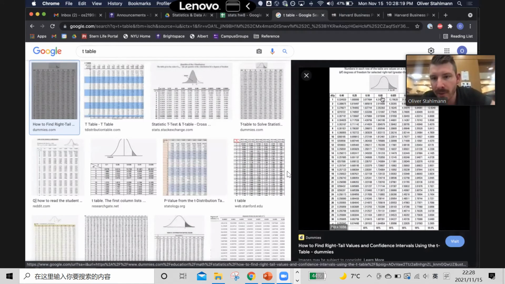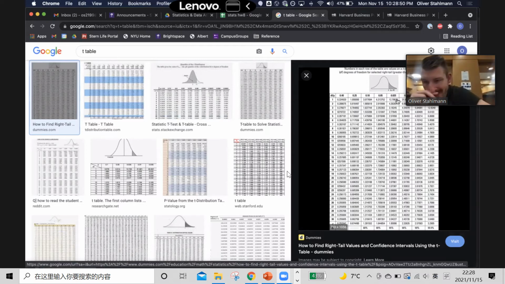So why wouldn't I go to 0.05? Because it's always a two-tailed test. Alpha equals 0.05, right? But that's a two-tailed. In this table, you find the shaded area is 5%. If you go to that column, the shaded area is 5%. But we are doing a two-tailed test.